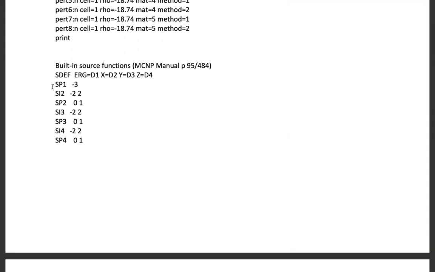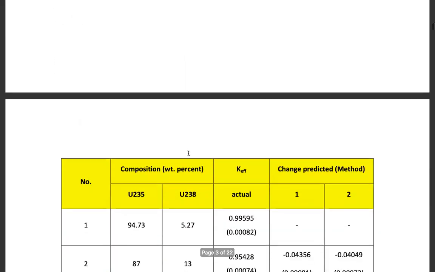Now the X, Y, and Z of your source could be sampled from distribution 2, which says to sample X between -2 and +2. This is the source probability for X, and this is the source probability for Y. So you can sample it in a cube.